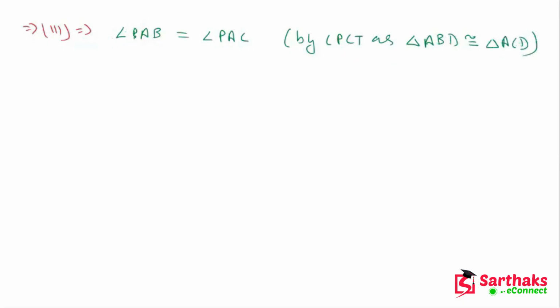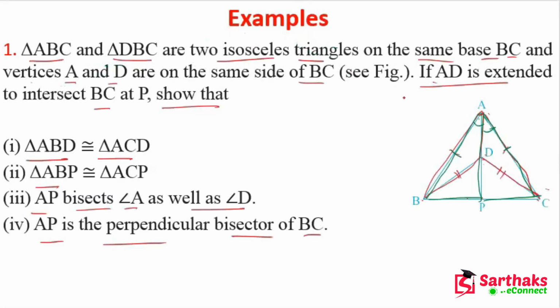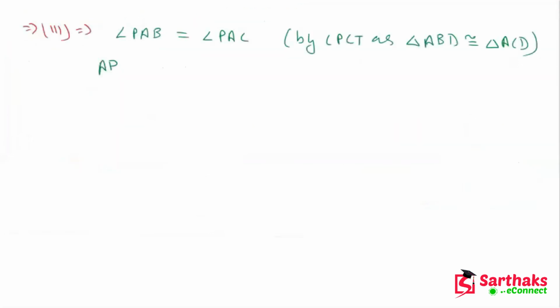If this angle is equal to this angle, we can say that line AP bisects angle A. We can write AP bisects angle A. This is equation number 1.